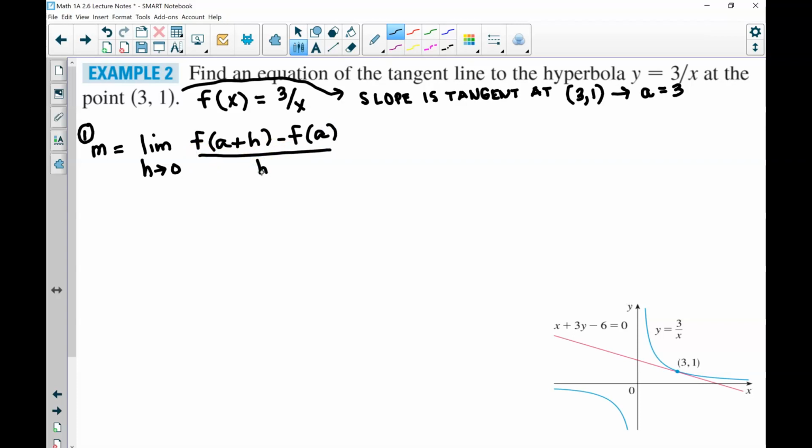So now that we know that a is equal to 3, this becomes the limit as h approaches 0 of f, replacing a with 3, so this becomes f of 3 plus h minus f of 3 over h.